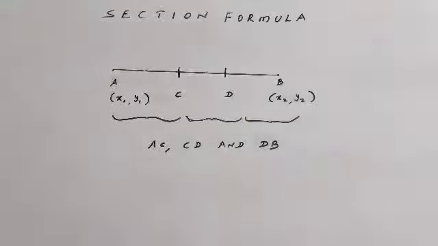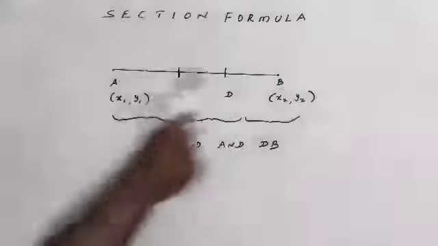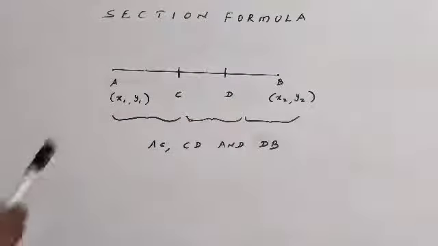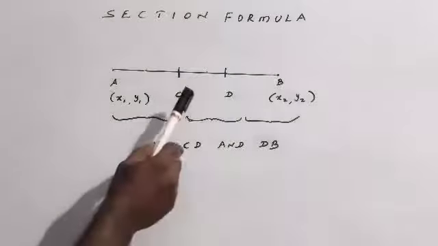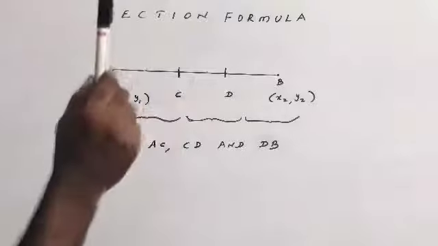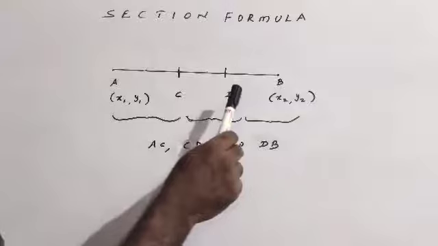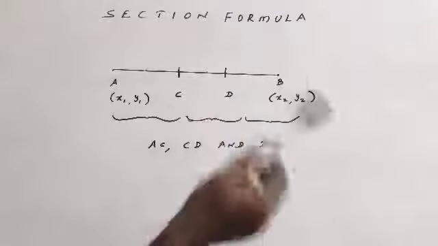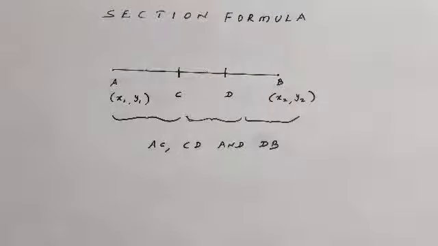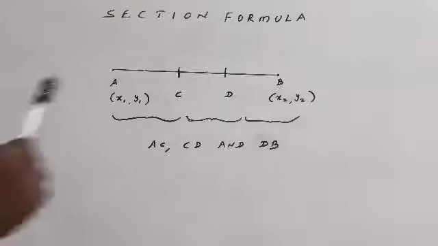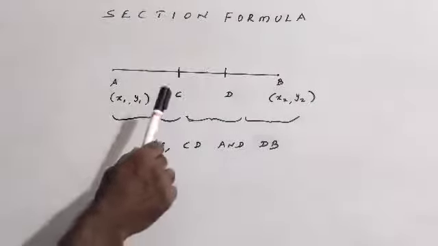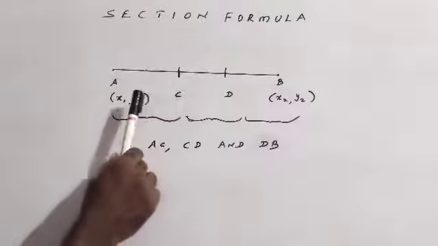Now consider the same line segment AB. The point C divides the line segment somewhere and another point D divides the line segment somewhere. So now we have three parts, or three sections, or three portions.